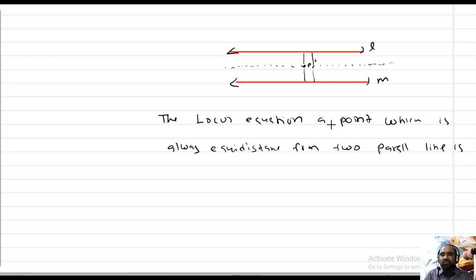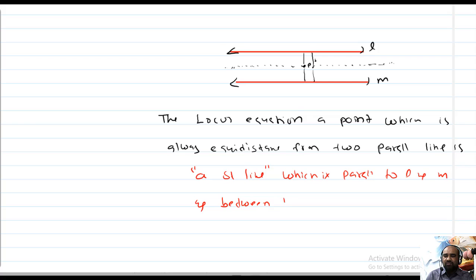Another line which is parallel to both, a straight line. Simply, here a straight line you can write. More generally, which is parallel to L and M and between them.